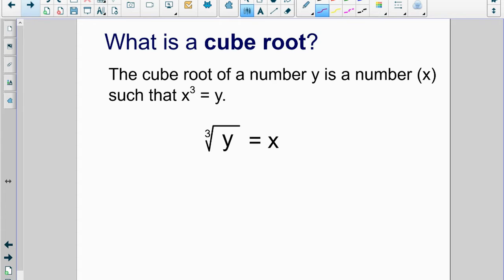All right, what is a cube root? As we're looking at our topic title for today, the cube root of a number y is the number x such that x to the third power equals y.